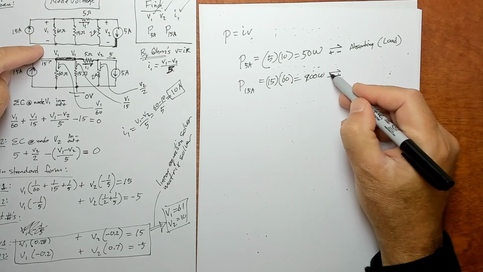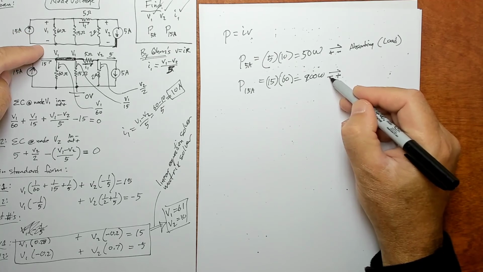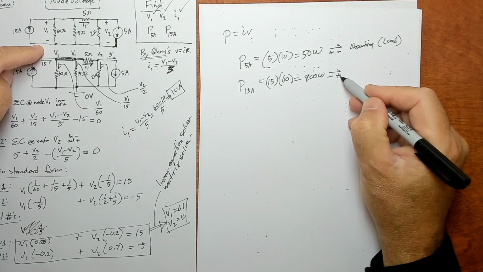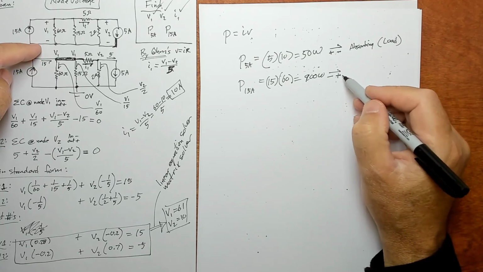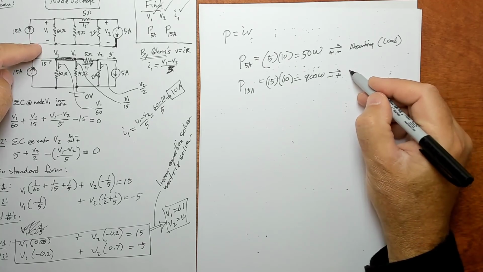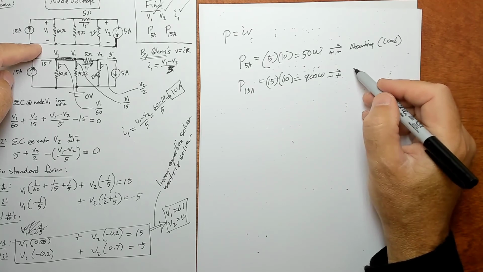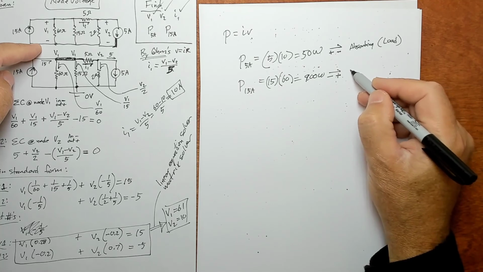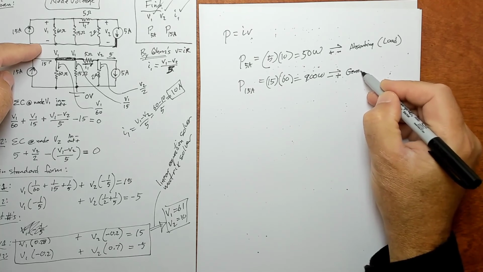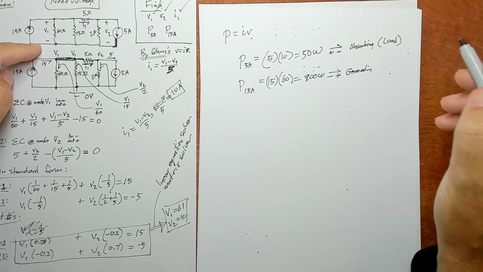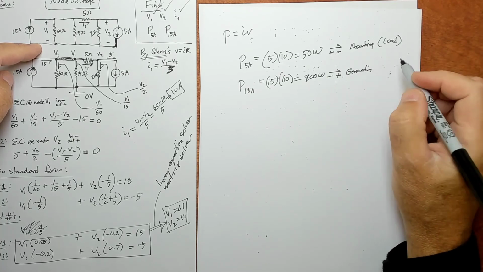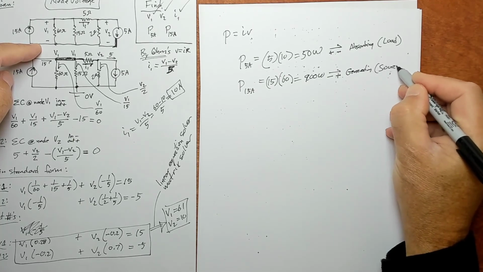So the current comes in at a low voltage potential and comes out at a higher voltage potential, with higher energy. That's not absorbing. What's the opposite of absorbing? Generating, or supplying. So it's a source.